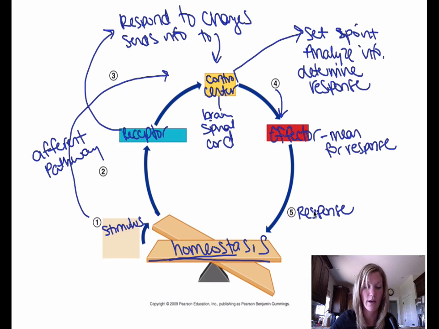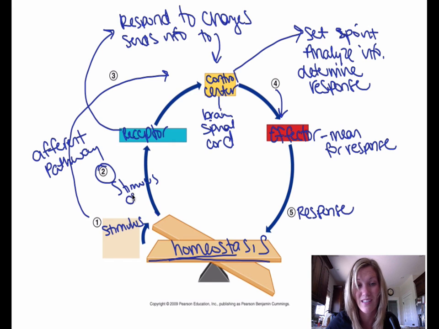I guess we can go in and fill in a couple of other things here. So this is going to be continued with the stimulus. The stimulus is going to be here, or since stimulus is here, you could say that the change is going to be here. Then the receptor is going to pick up on that. Then you're going to input information to the control center.